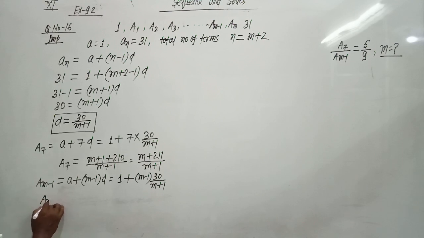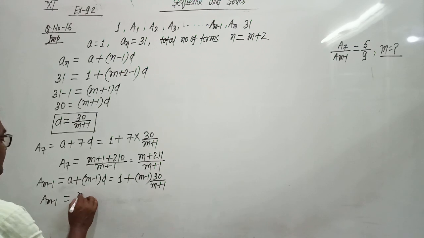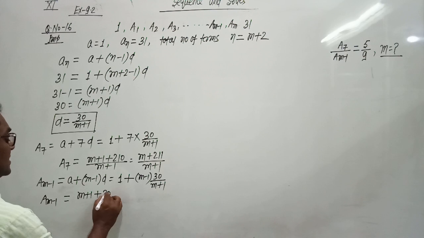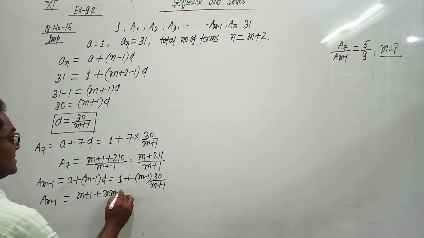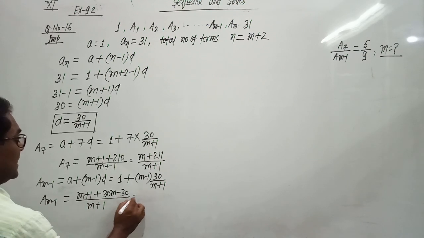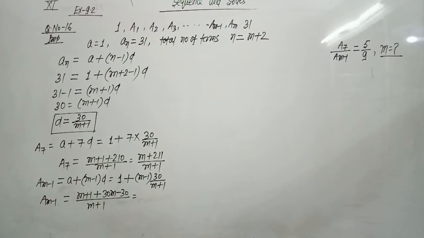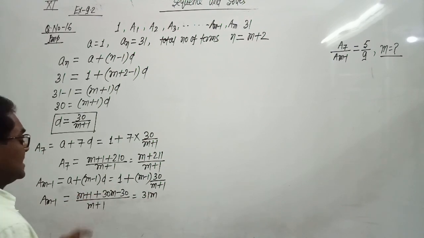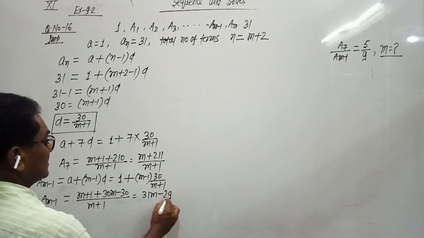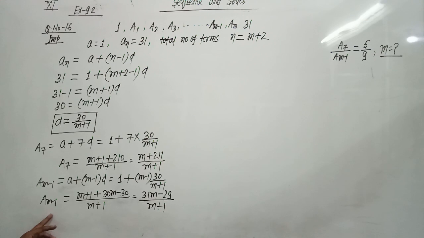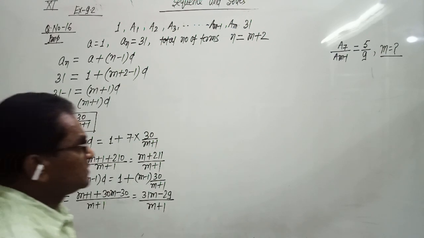So for A(m-1), we take LCM: (m plus 1 plus 30m minus 30) upon m plus 1. And 30m plus m is 31m, 1 minus 30 is minus 29, upon m plus 1. So this is the value of A(m-1).